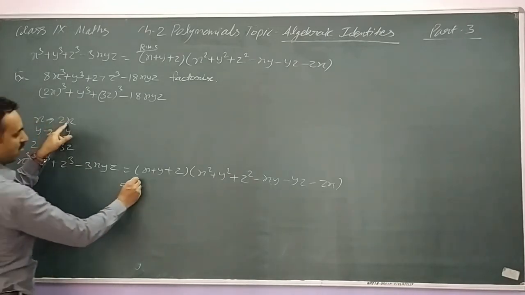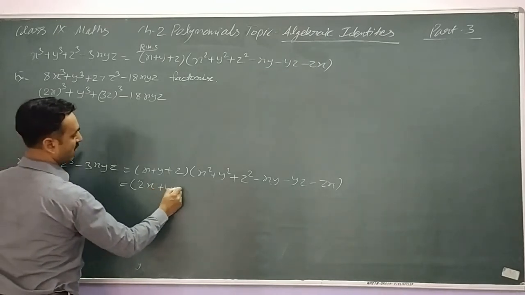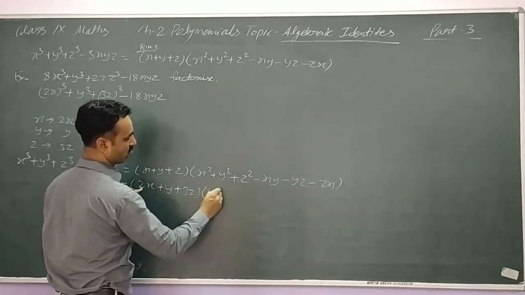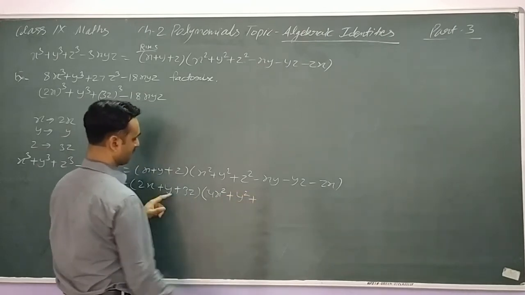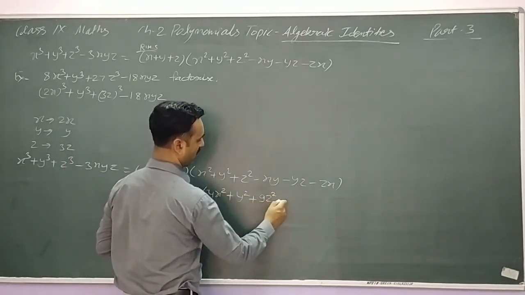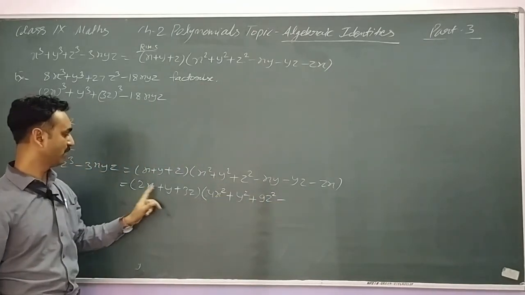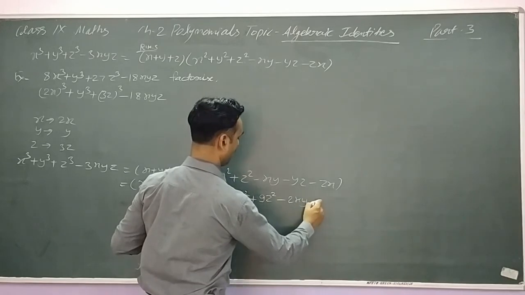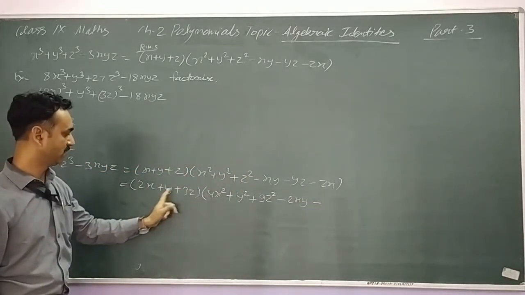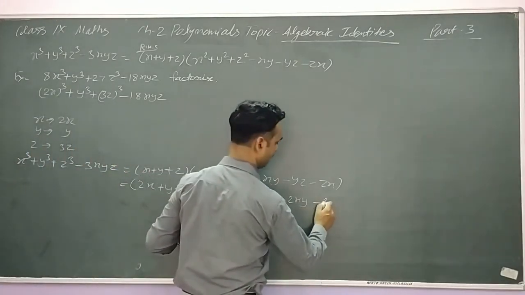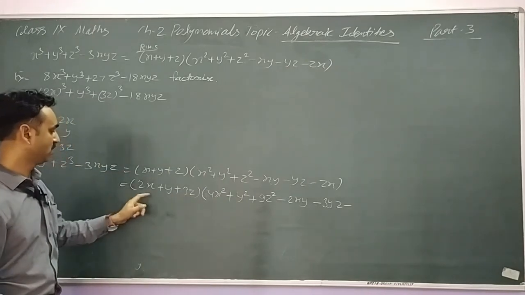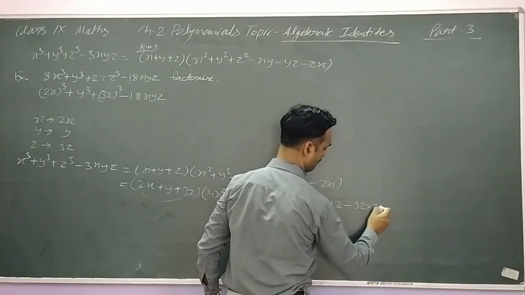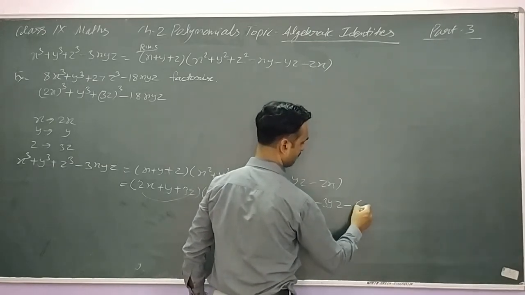So x is 2x, y is y, z is 3z: x square is (2x) square, 4x square, plus y square plus z square, (3z) square, 9z square, minus x into y, which is 2xy, minus yz, which is y into 3z, 3yz, minus zx, which is 3z multiplied by 2x, 6zx.